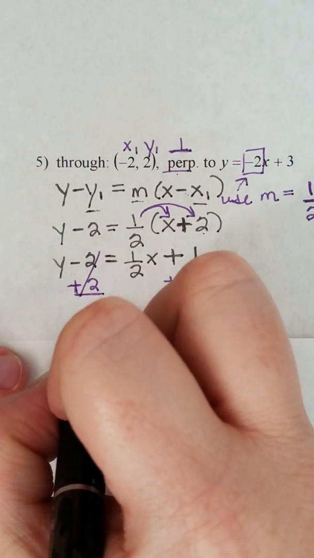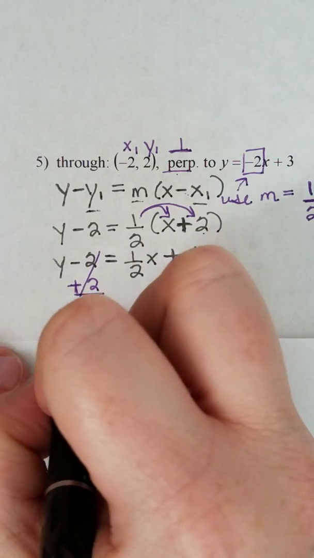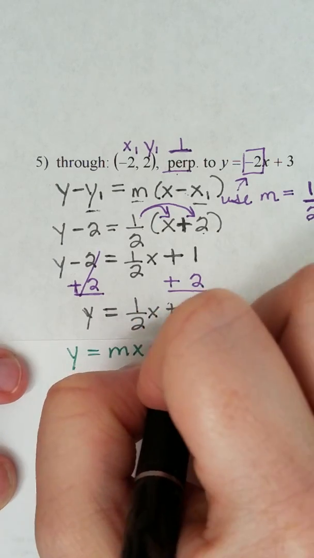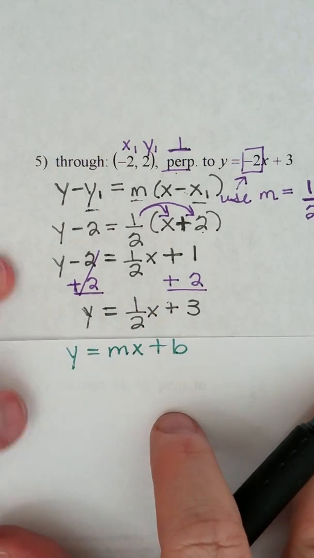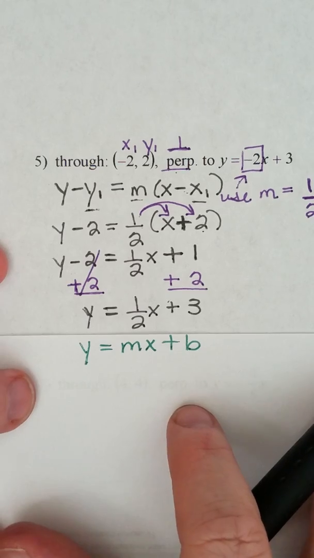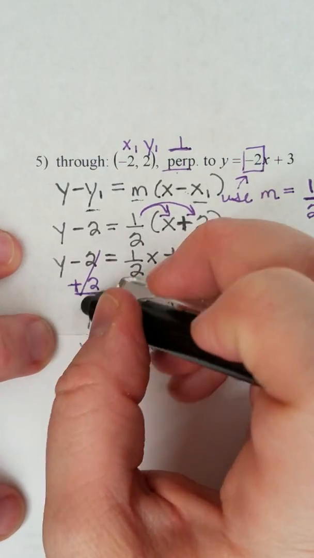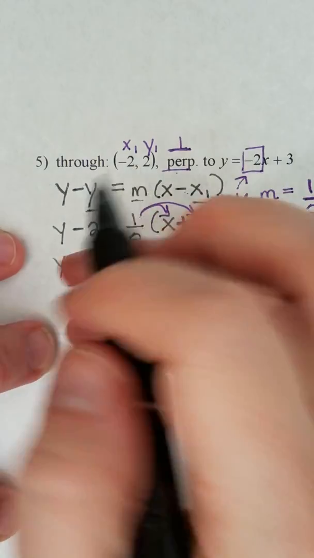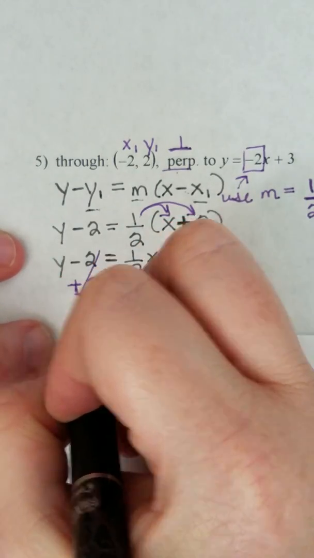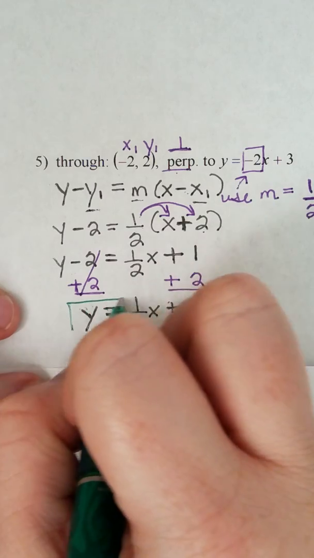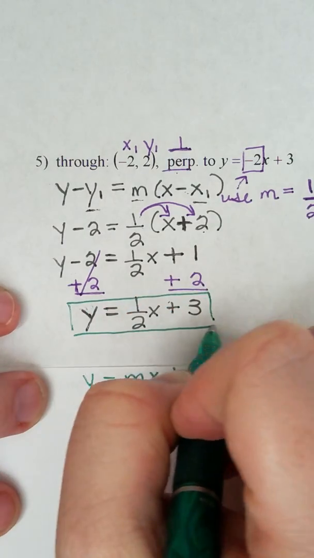And when I bring down what I have, y equals 1/2 x plus 3. So if I compare my equation to the equation that I'm going for, I can see that this is now in slope-intercept form. So this is going to be my final answer. Okay? So this guy right here is the final answer for number 5.